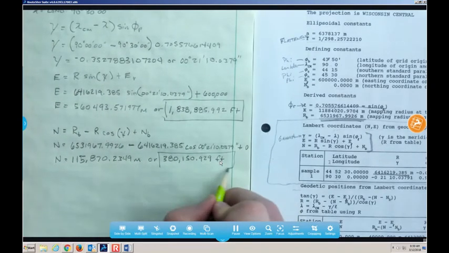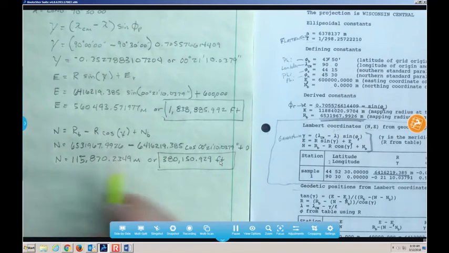Okay, so that is our northing. So this is our easting, northing in feet. So we just solved our northing and eastings from a lat and long for the central zone coordinate.